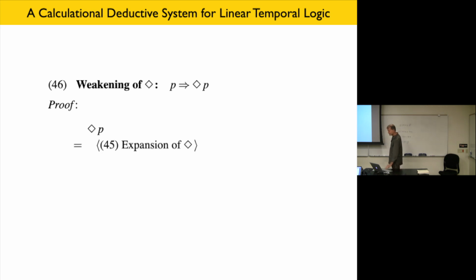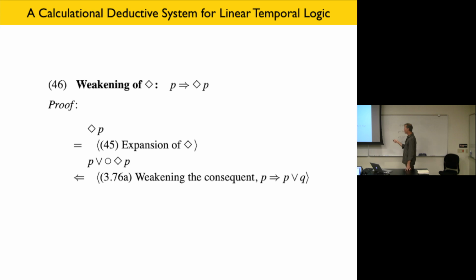Chloe, you're up. Eventually P. Now try not to cheat. I know you have access to the slides there. So now, what did we just see? Expansion of eventually: it's P or next eventually P. Okay, so Shane, now we're going to do weakening the consequent. And what does this say?